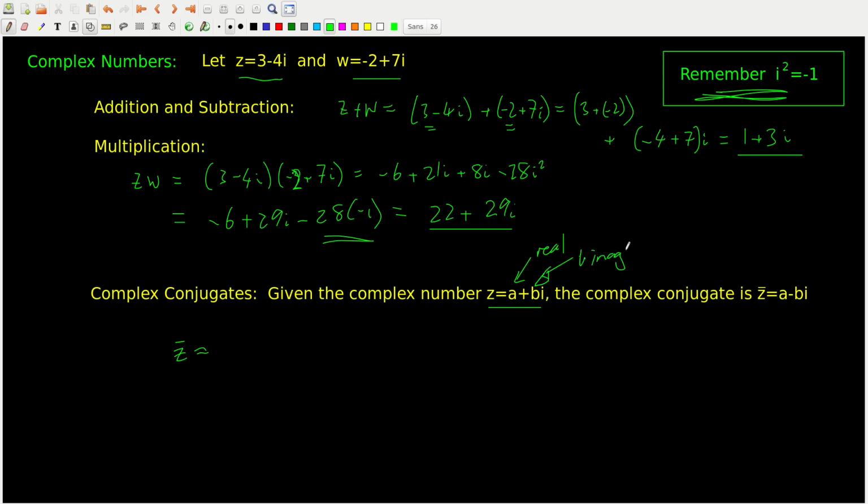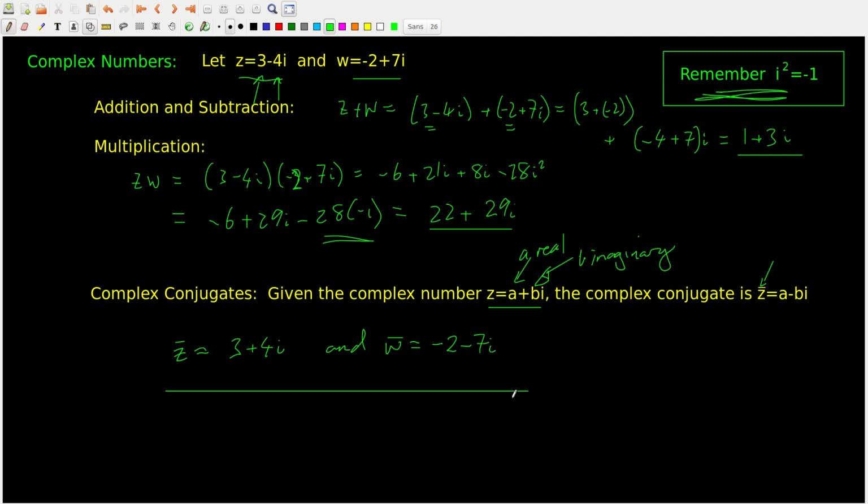In our example, we had 3 minus 4i. 3 is the real part, negative 4 is the imaginary part. If we want the complex conjugate of 3 minus 4i, we just change the sign. The complex conjugate is 3 plus 4i. And if we're looking at minus 2 plus 7i, then the complex conjugate of w, we use the bar over it to represent the complex conjugate, is minus 2 minus 7i.